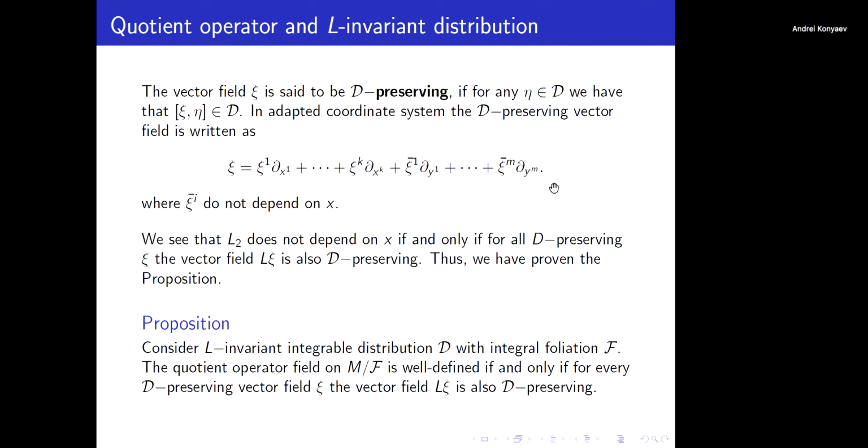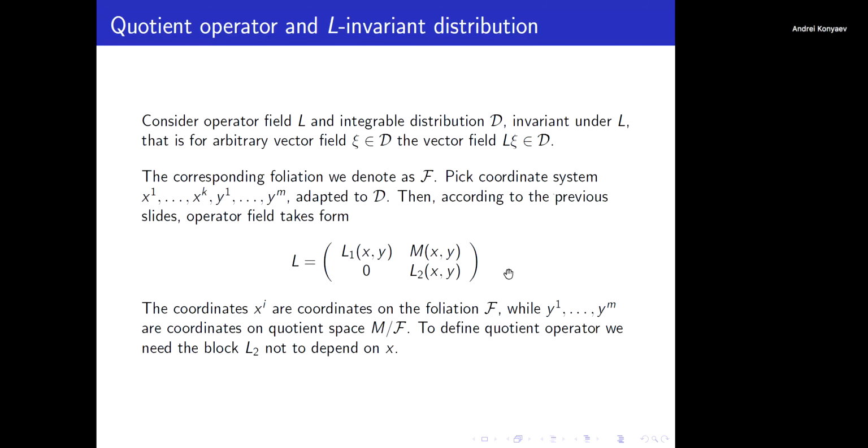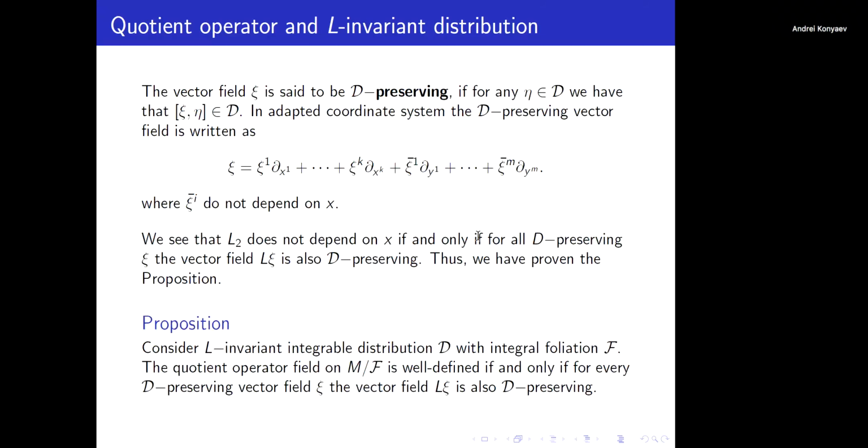So if we take psi in the following form, it is D-preserving, right? It preserves the distribution. We see that for this operator not to depend on x, the following must hold. This is the proposition we actually proved by simple observations.